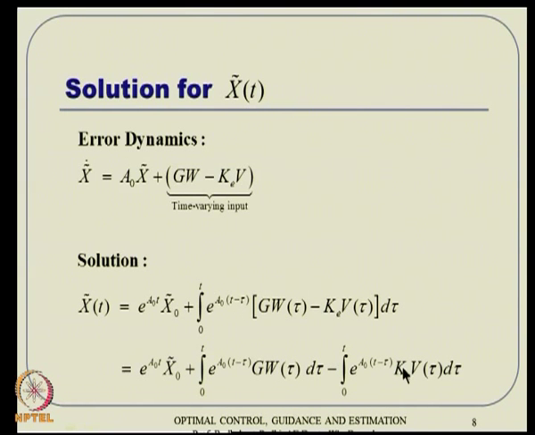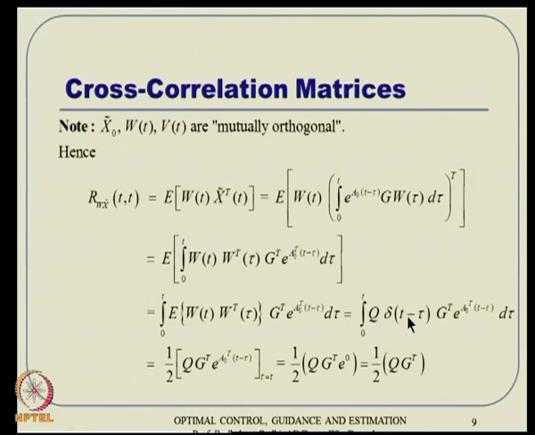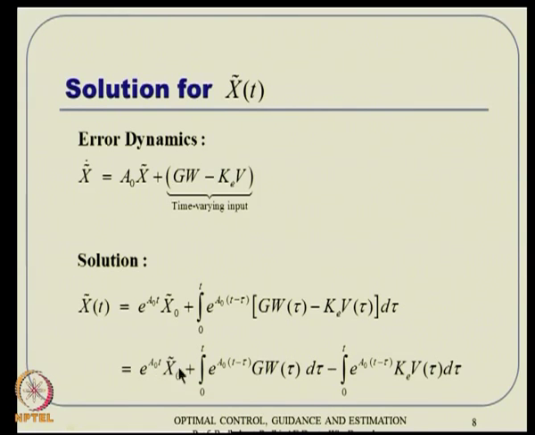Obviously, these two, the GW and KV parts, can be separated out first. Then we are interested in R W x tilde, and here we will use the property that all these signals are mutually orthogonal. When you attempt to compute R W x tilde, it is nothing but the expected value of this fellow, and x tilde is just derived, and that is the reason why we wanted to derive it.